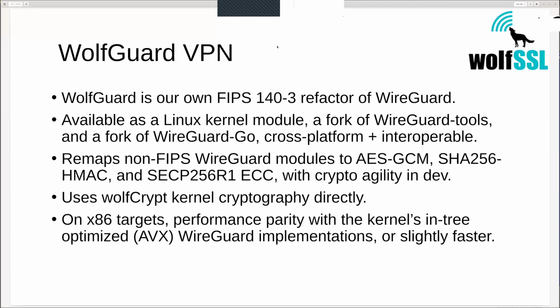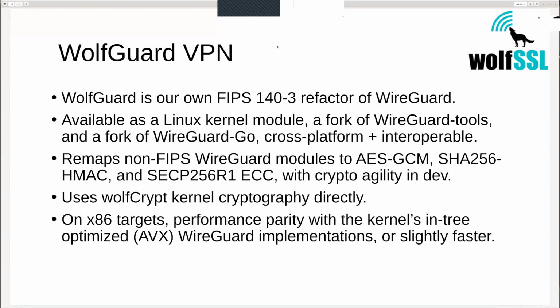You can actually substitute the WolfGuard artifacts for WireGuard directly, and most scripting around WireGuard will continue to function because you can configure it so that the keys all look the same, even though under the hood now it's the P256R1 FIPS NIST certified ECC curve instead of Curve25519. But in practice, they look the same.